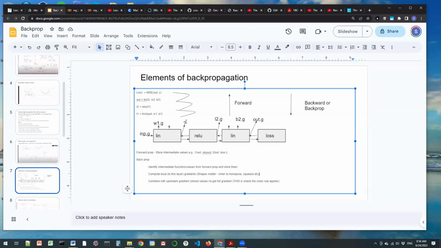Anyone awake? What is the upstream gradient coming into the first linear block?